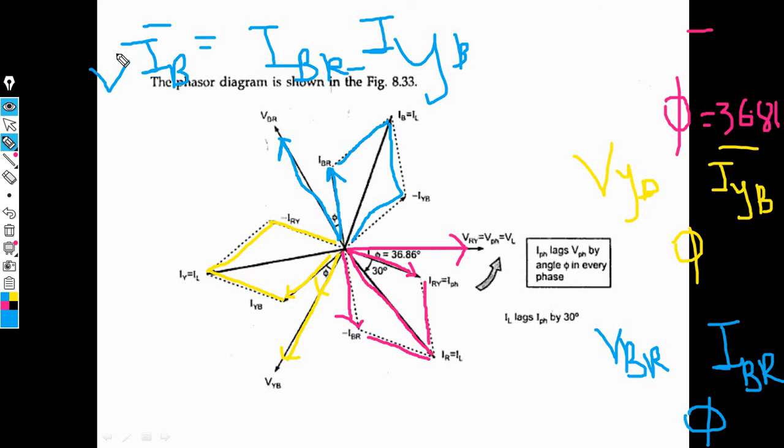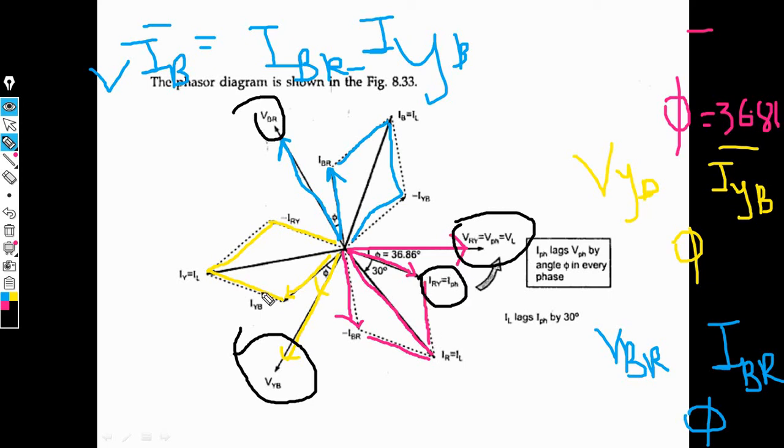In delta connected load, first we need VRY, then VYB and VBR. These are the important parameters. Then we need the currents IRY, IYB and IBR.